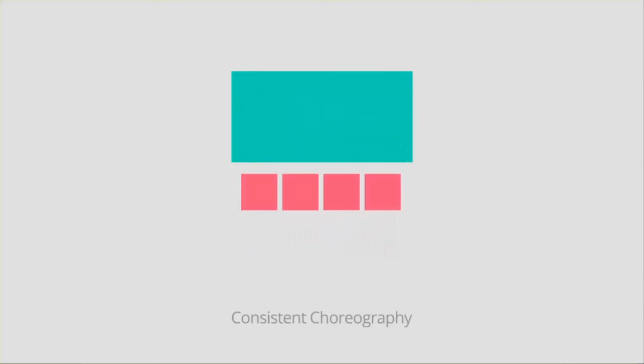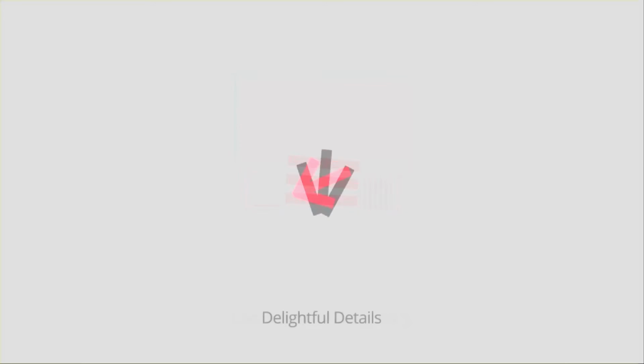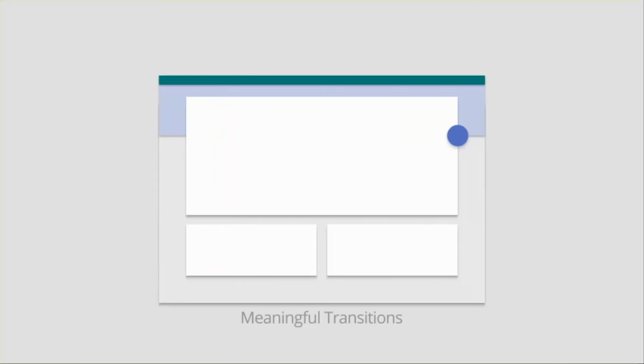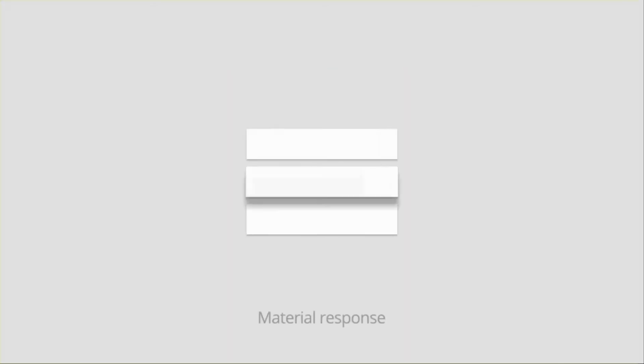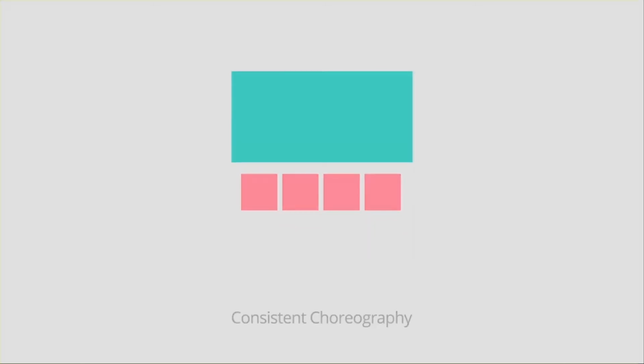Now, what do we mean when we talk about motion provides meaning? First, here we have an overview animation of some core principles of material design, animation properties, or ideas and concepts in material design. If you look at a few of them, consistent choreography, you see the elements flowing in from the bottom left, and they have a continuous flow.